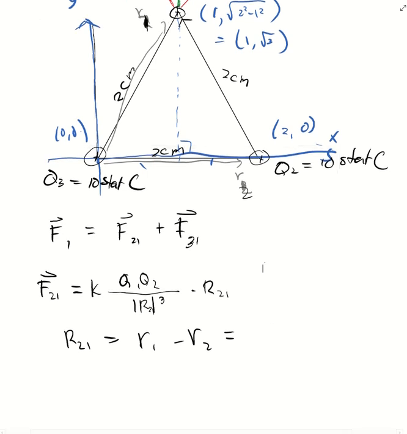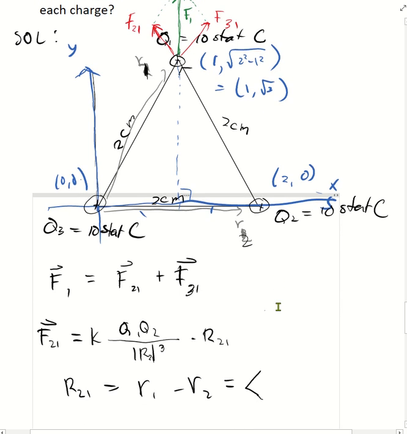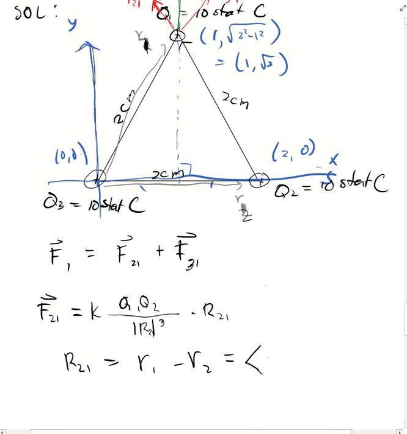So now I can write this in another way of writing a position vector. It's just like a coordinate. R1 is 1, square root of 3, 0. Then you subtract R2, which is 2, 0, 0.